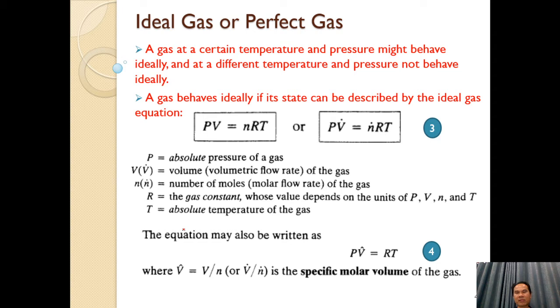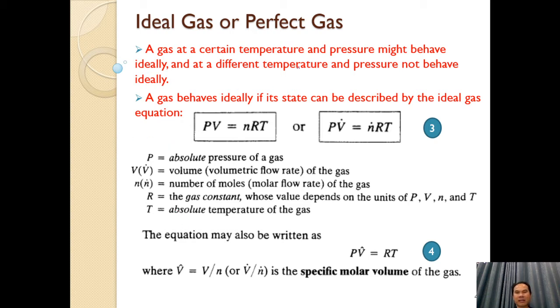First, I will introduce only the ideal gas, or perfect gas. Mostly gas behaves as an ideal or perfect gas at low pressure. At high pressure, the gas follows real gas behavior, but I won't talk about that in this class; you can study it in the thermodynamics subject.